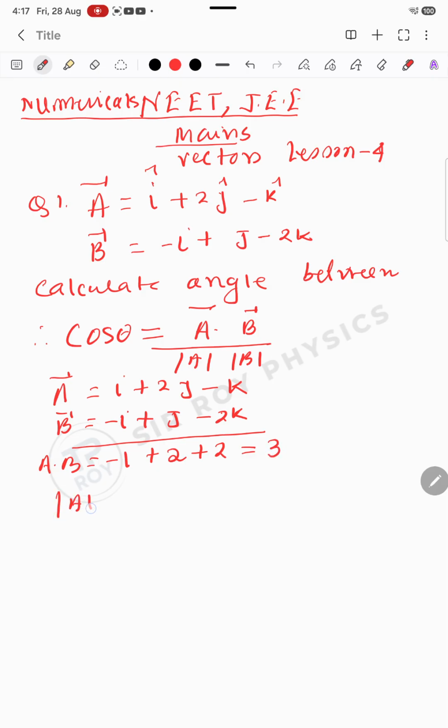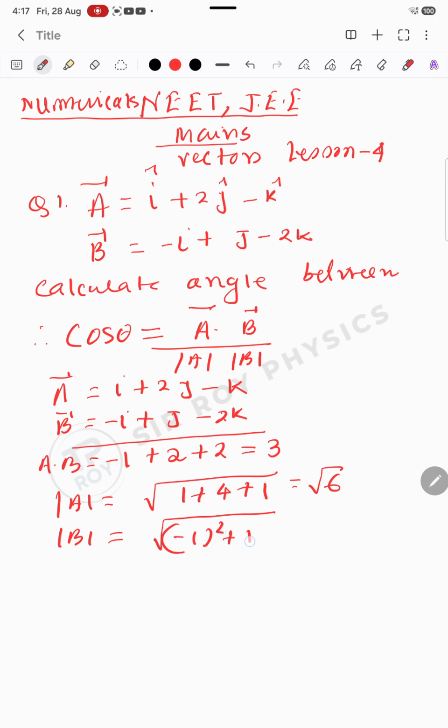Mod A, the magnitude of A, is root of 1 plus 4 plus 1. That means the coefficient of i squared, j squared, k squared, that is root 6. Similarly B: minus 1 squared plus 1 squared plus minus 2 squared, that is equal to root 6.